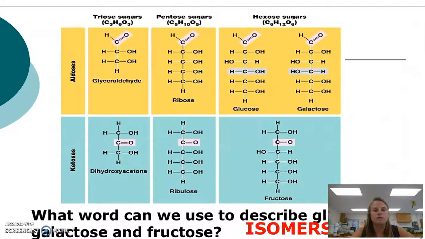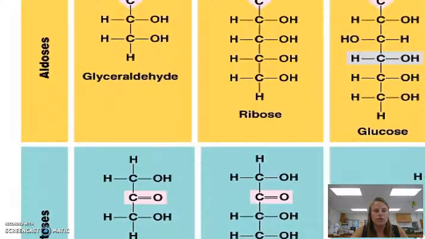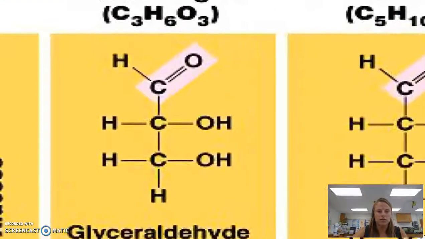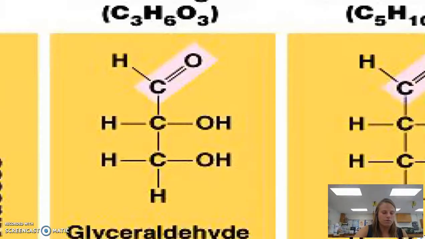For example, glyceraldehyde, sometimes shortened as G3, is a triose sugar. And you see how in the molecular formula there are 3 carbon atoms.